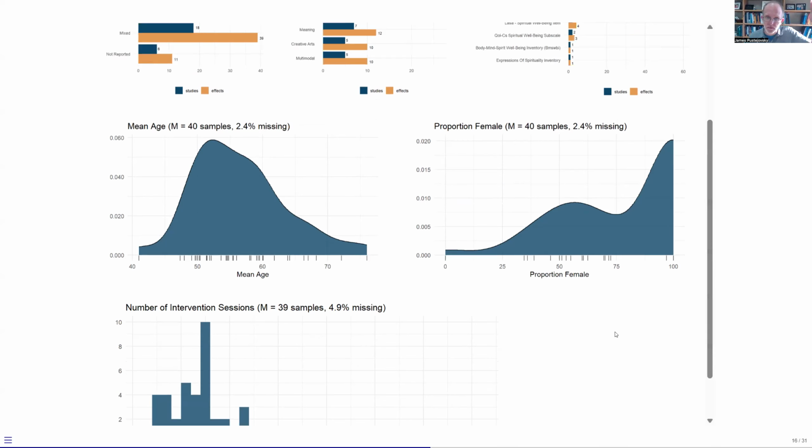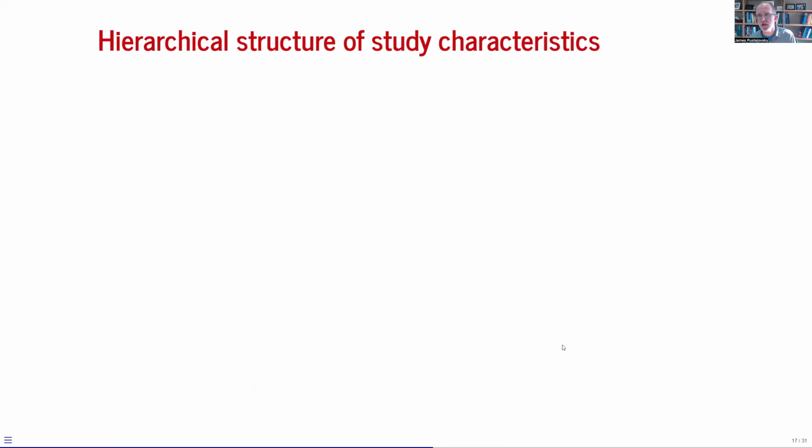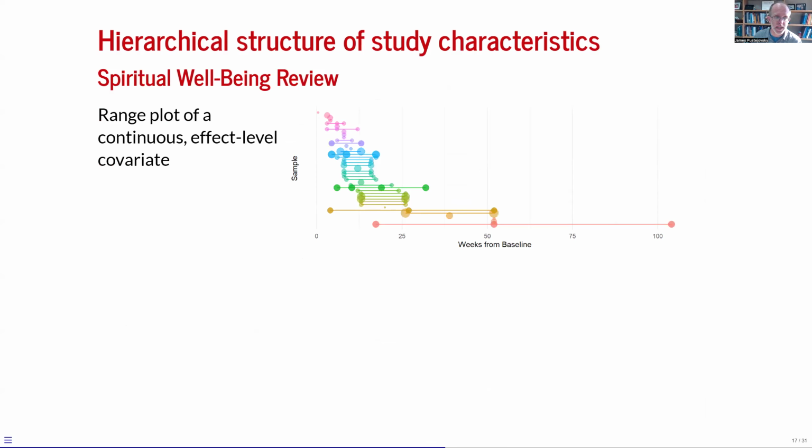So these are what I would call marginal descriptives, looking at one variable at a time. The other thing that I think is useful to do is look at the hierarchical structure of study characteristics, and we suggest a couple of different techniques for doing this. For a continuous variable, one thing you can do is plot what we call a range plot. So show for each effect size in a given sample, with samples on the vertical axis, what is the range of the continuous predictor?